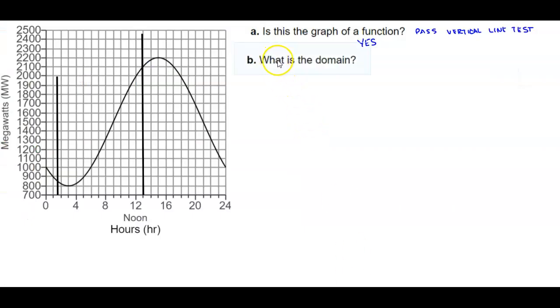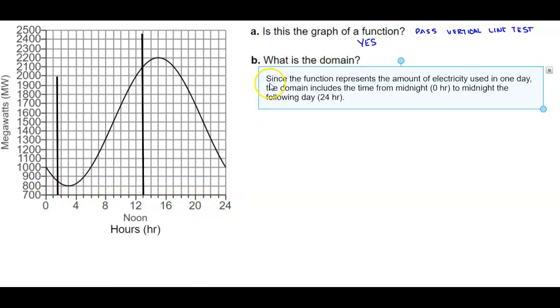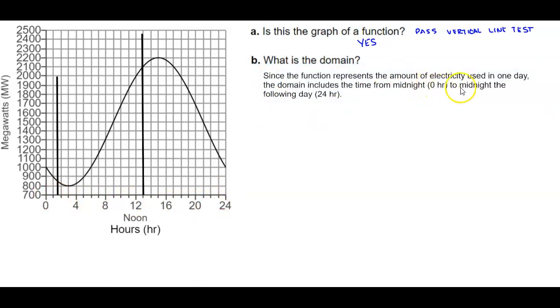Now remember, we're finding out what is the domain of this function. The domain represents all the x values on this graph. You can see the x values represent hours. It's going from 0 to 24. Since the function represents the amount of electricity used in one day, the domain is going to include the time from midnight, which is the 0 hour, to midnight the following day.